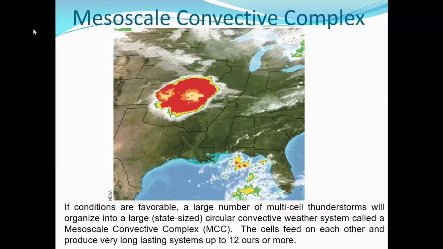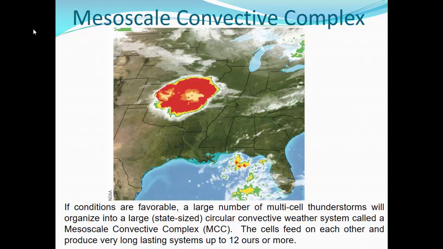Yet another type of multicellular thunderstorm complex is a mesoscale convective complex. Mesoscale means it's bigger than the microscale, not quite as big as the synoptic scale. If you have favorable conditions, a conditionally unstable environment, some shear coming into the west side of the system, and lots and lots of warm, moist air, typically in the southern to central plains, you get clusters of thunderstorms that begin to organize, in which the downdrafts and updrafts of each thunderstorm help the thunderstorm next to it keep going.